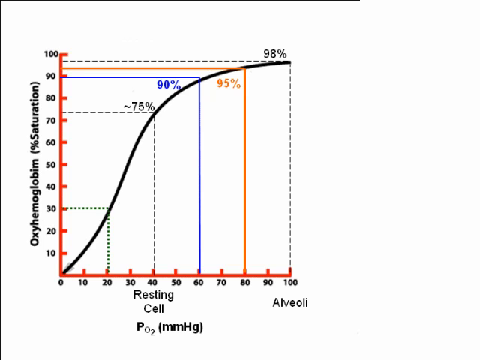Going up and down the left side, we have percent of saturation of the oxyhemoglobin. So how much oxygen exactly is going to be bound onto the heme groups at a specific pressure in time.